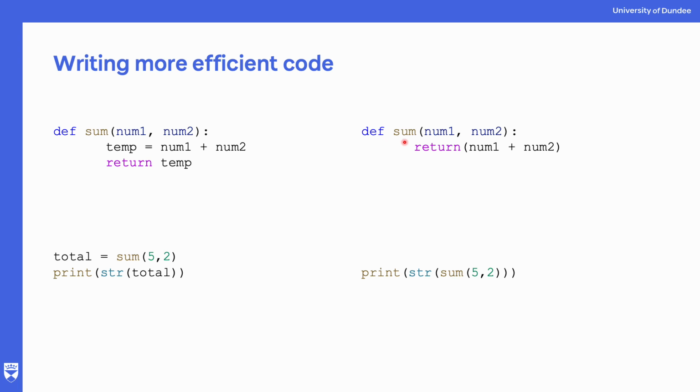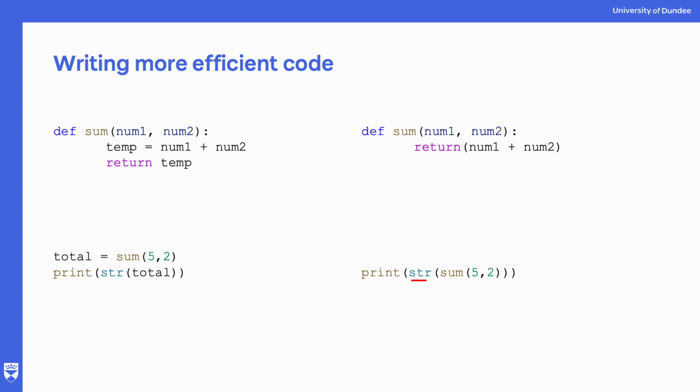So whenever sum is called, num1 is 5, num2 is 2, so return whatever 5 plus 2 is, which is 7.